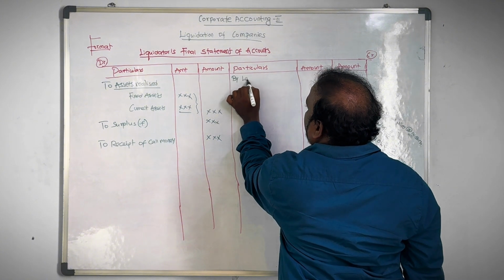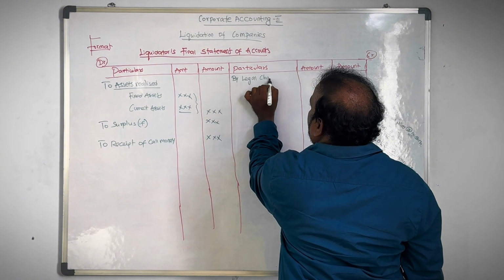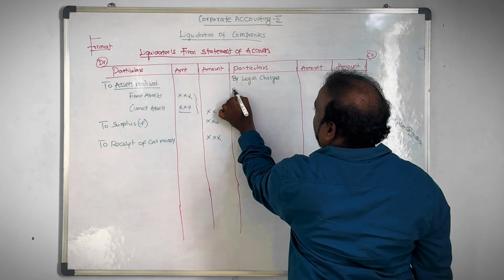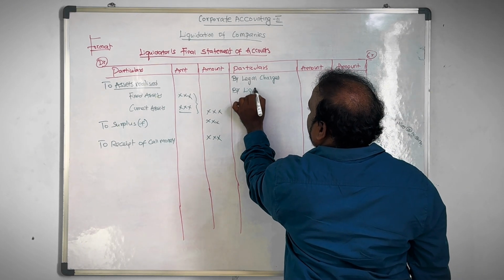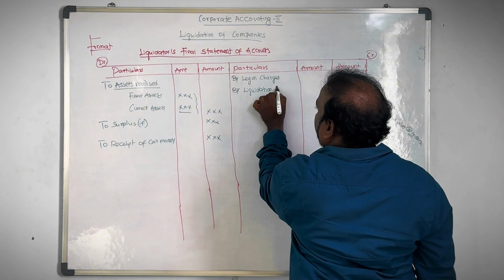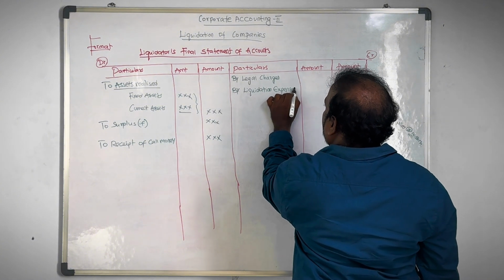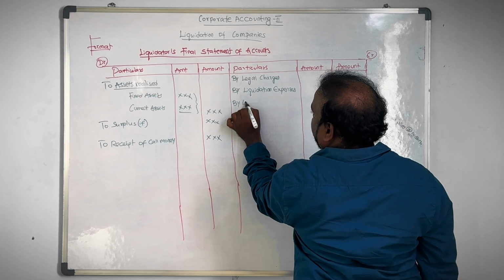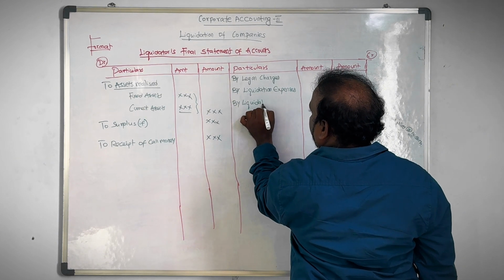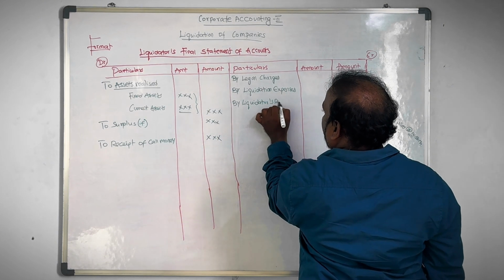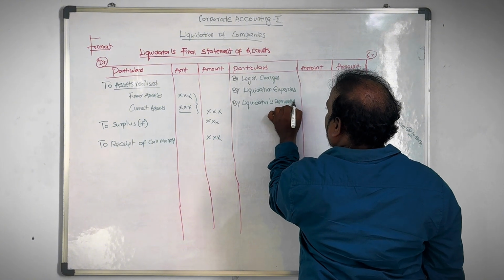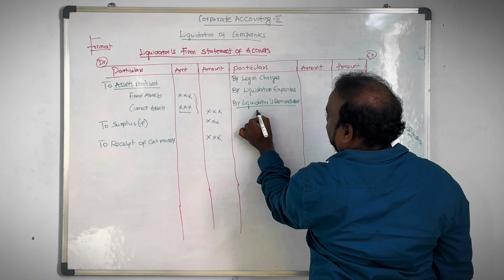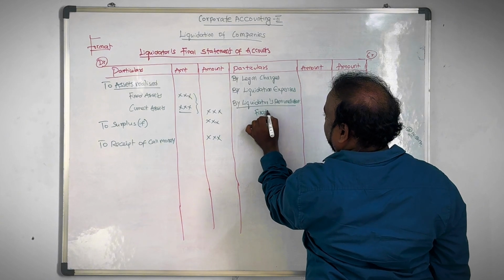By legal charges, if any. Then by liquidation expenses. Then by liquidator's remuneration. Sometimes it will be given as fixed remuneration.